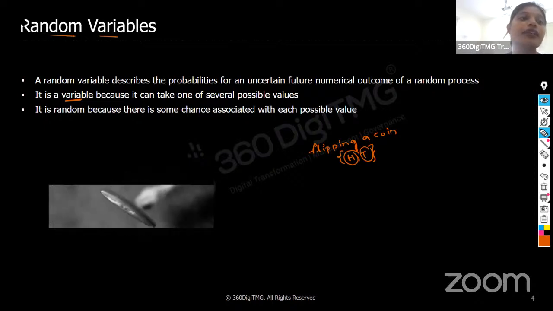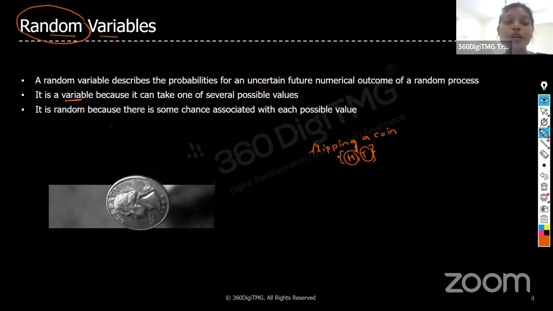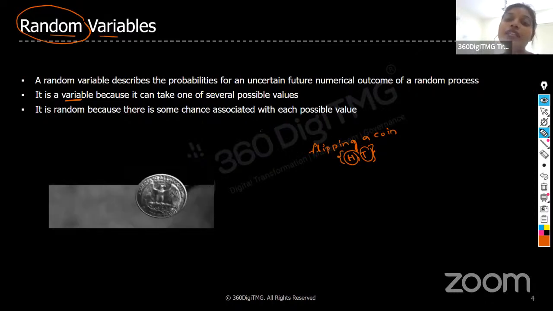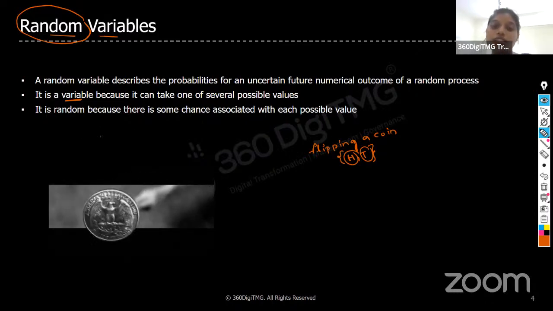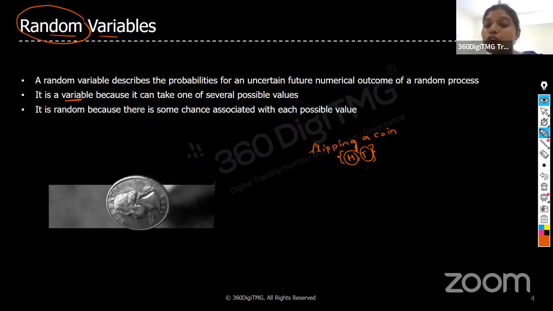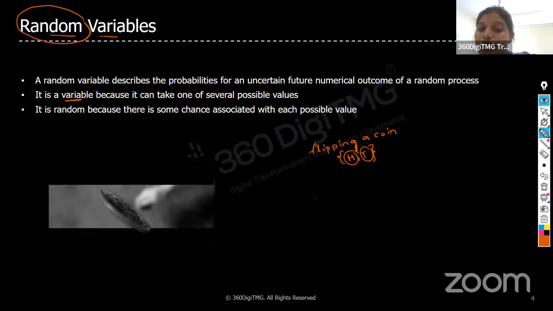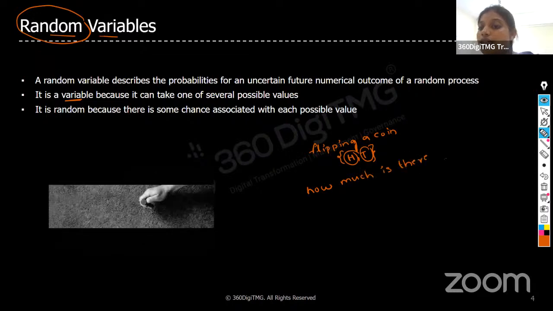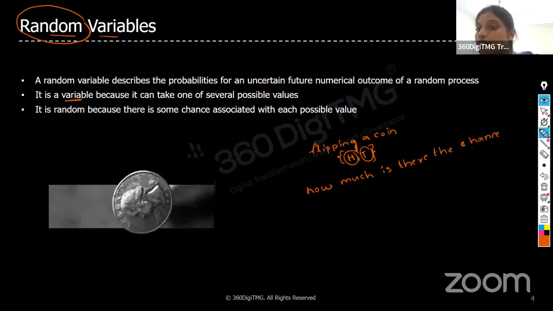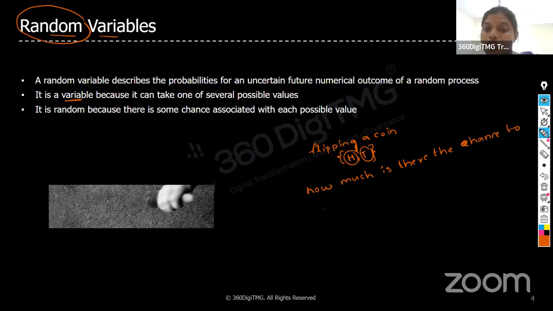And coming to the random part, what is random? It is random because there is some chance associated with each possible value. What is the chance? How much is the chance of getting heads when you flip a coin?